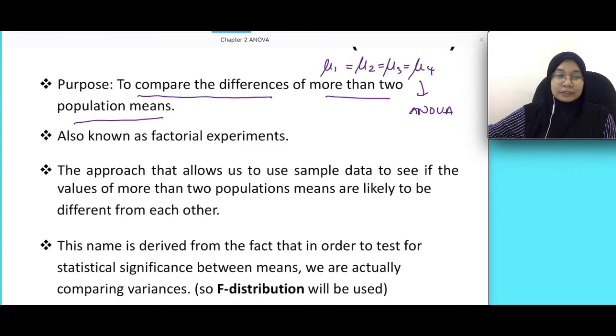It is an approach that allows us to use sample data to see if the values of more than two population means are likely to be different from each other. The name ANOVA is derived from the fact that, in order to test for the statistical significance between means, we are actually comparing the variance. When we talk about variance, we will use the F distribution.